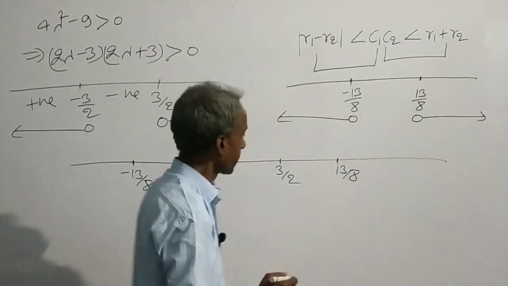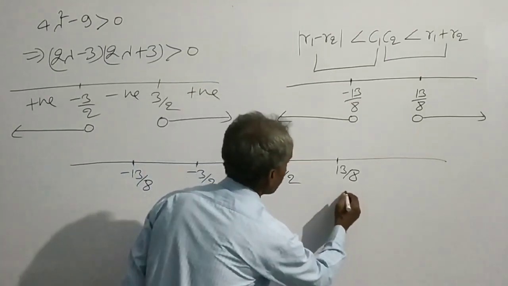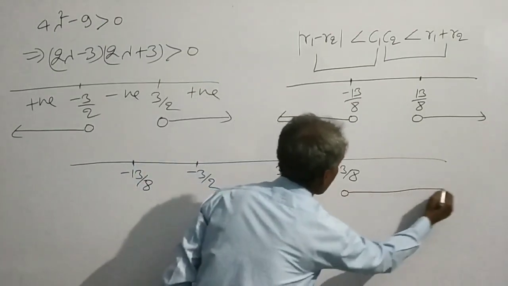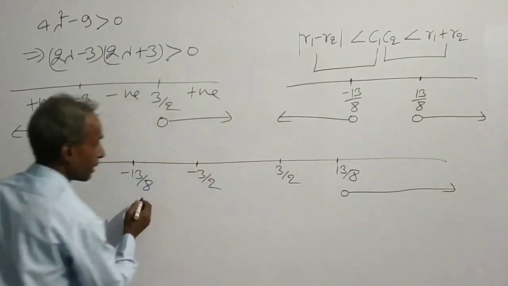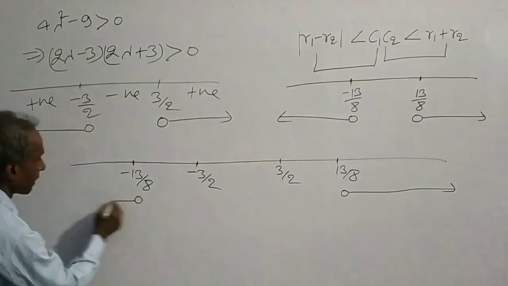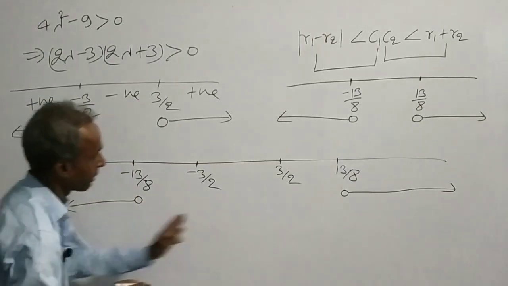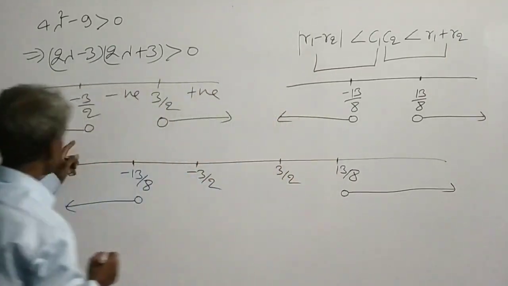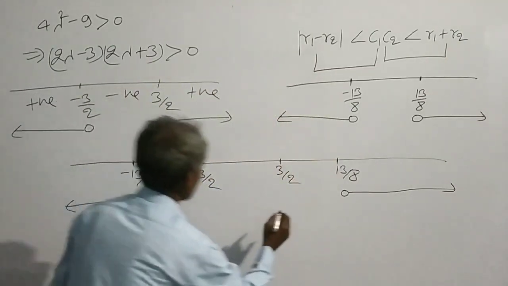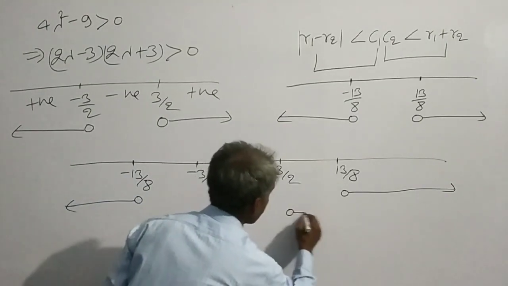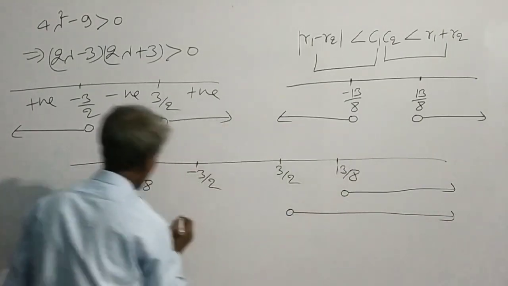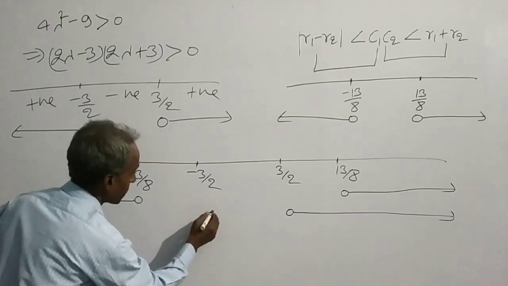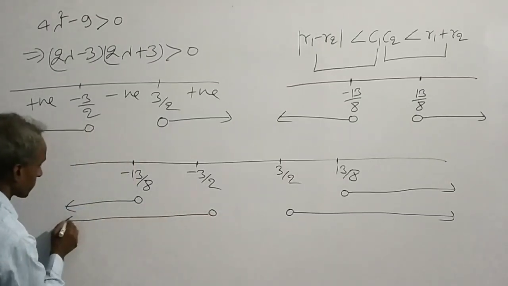Now this condition is fulfilled when the value of lambda is on the left hand side of this number or on the right hand side of this number. This condition is fulfilled when the value of lambda is on the right hand side of this number or on the left hand side of this number.